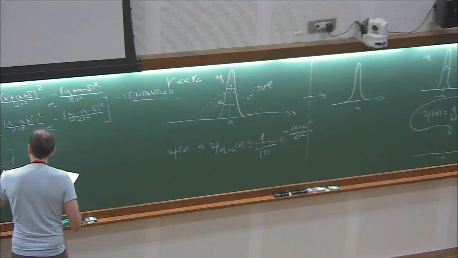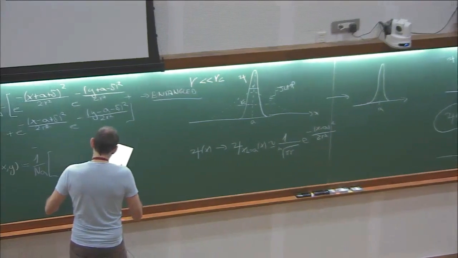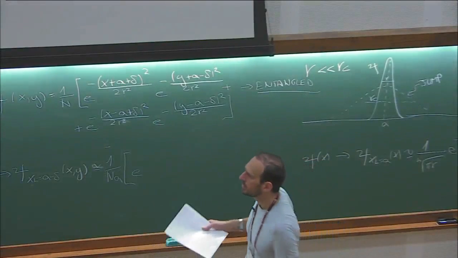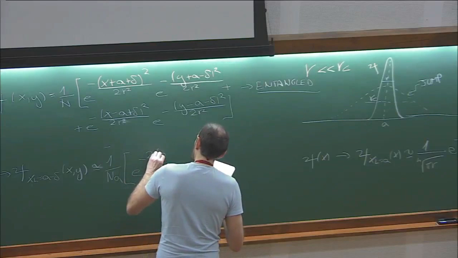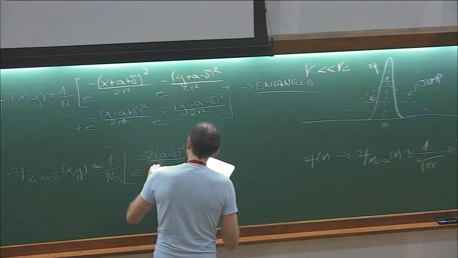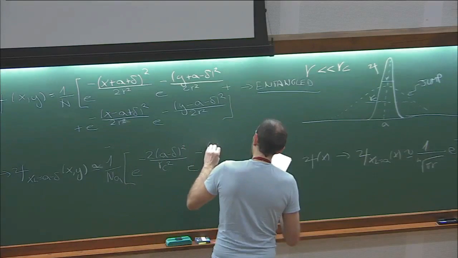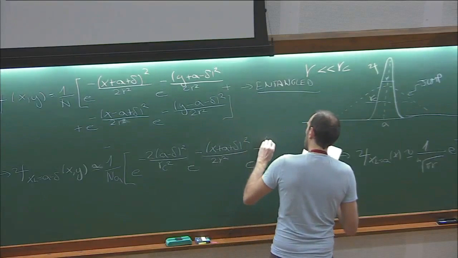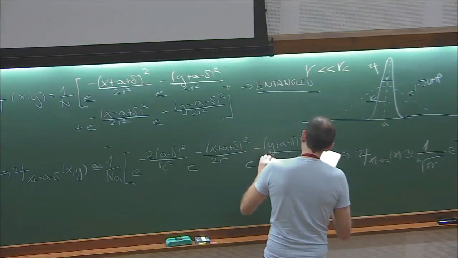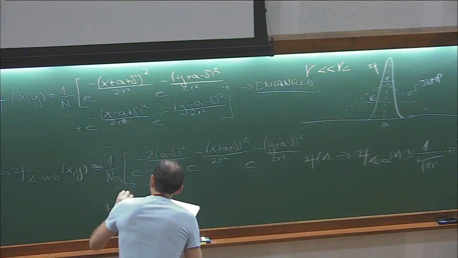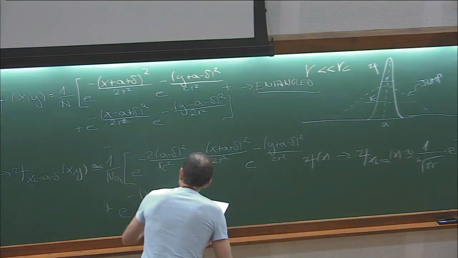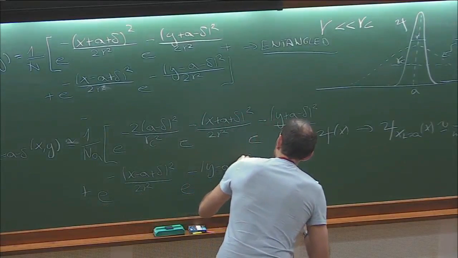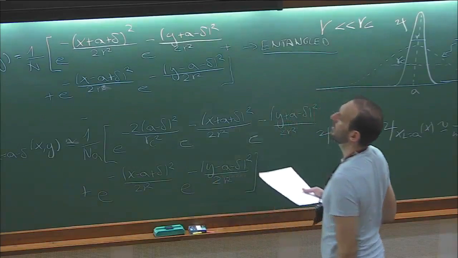And this thing becomes 1 minus NA, the new normalization constant, more or less, so approximately, because we make the usual approximation of checking who's bigger than who: e to the minus 2 A minus delta squared over R_C squared, e to the minus x plus A plus delta squared over 2r squared, e to the minus y plus A minus delta squared over 2r squared, plus e to the minus x minus A plus delta squared over 2r squared, e to the minus y minus A minus delta squared over 2r squared. So this is the result that you should get.